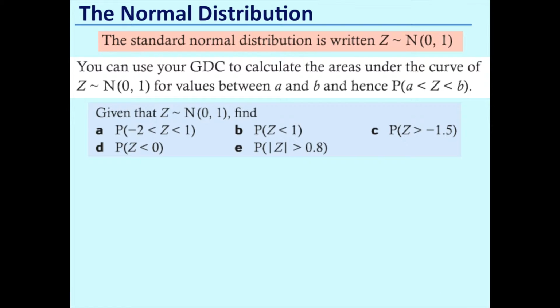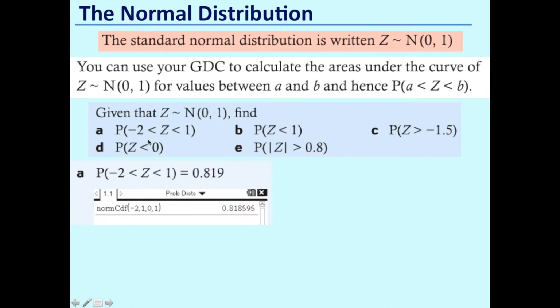How do we use our calculator to complete this complex calculation? Well, provided we are using the standard normal distribution z, we can use the normal cumulative distribution function. So if we have here the standard normal distribution and are asked to find the probability that z lies between -2 and 1, we're going to go to probability, distributions, the normal cumulative distribution function.